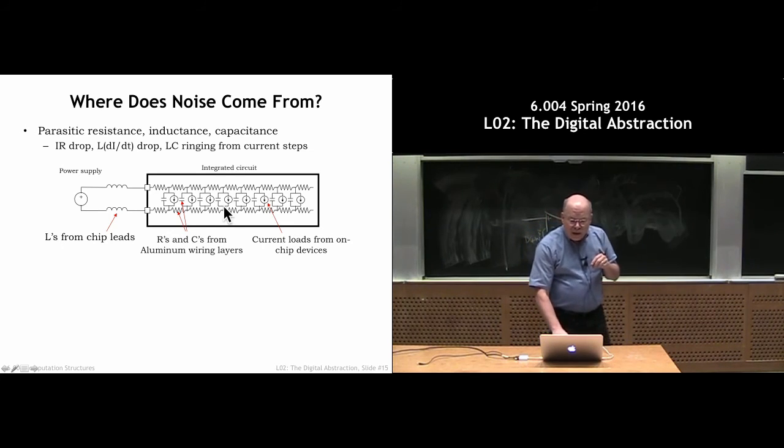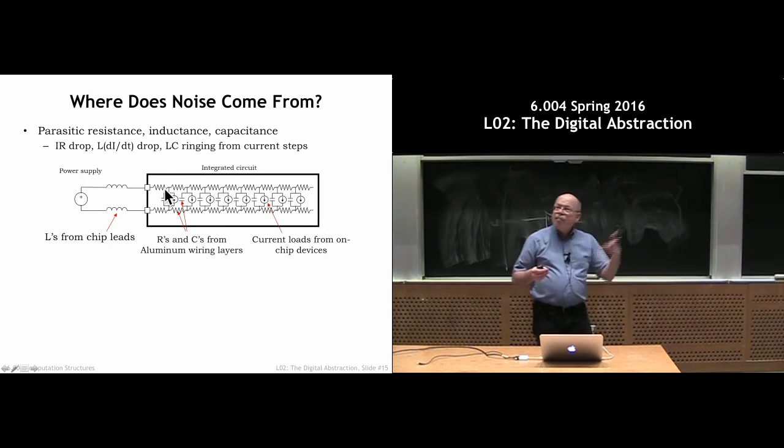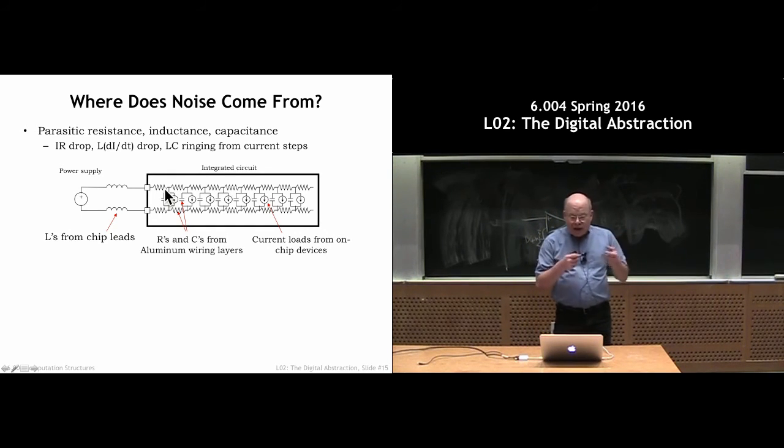It could also be that when you change the amount of current being drawn, as you suddenly start a heavy computation and a lot more current comes through the pins of your chip, those pins have inductance, and when you change the current through an inductor, you get a back EMF. So you get this L dI/dt drop. This is all we're going to do with electricity, by the way.